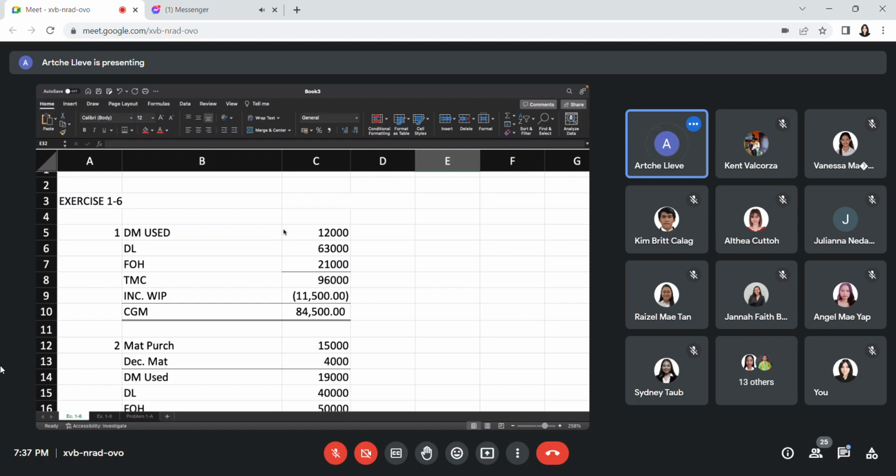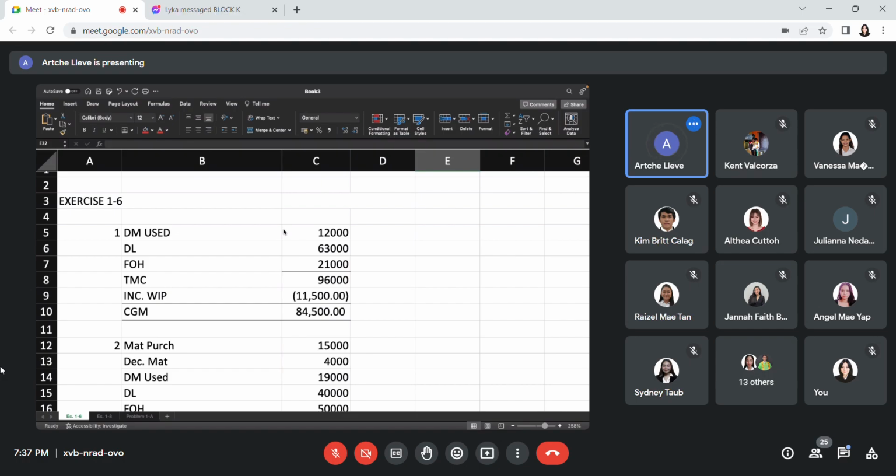Now, in this problem, the direct materials used is given, direct labor is also given, and factory overhead is also given. So total manufacturing cost will be 96,000. So you add everything, 12 plus 63 and 21.